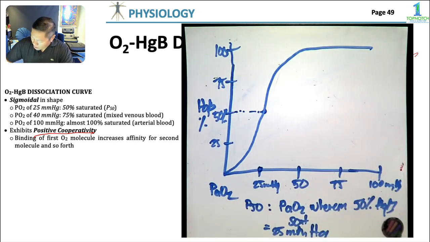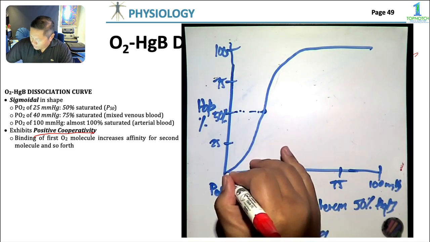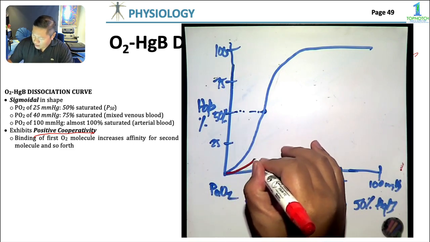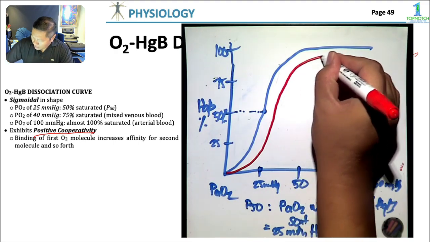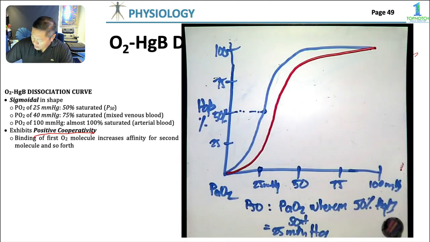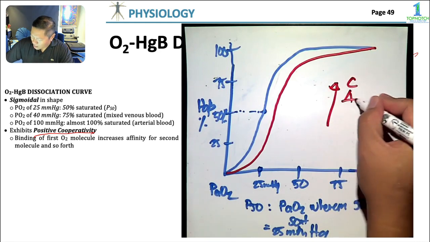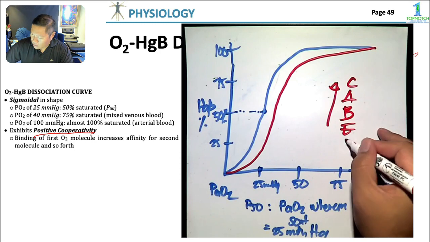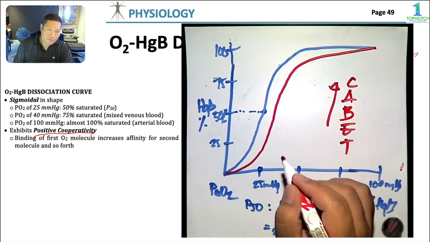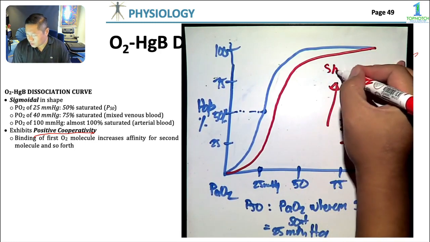So, ibig sabihin nito, at 25 millimeters mercury, so this is my P50, I am 50% saturated. So, with that in mind, if you draw a line intersecting here, 50%, 25 millimeters mercury, you now draw a sigmoidal curve that will pass through that point, and you will now form a perfect O2 hemoglobin dissociation curve.